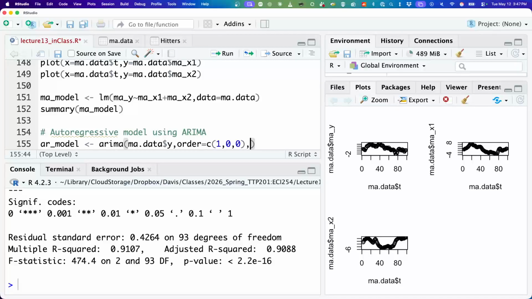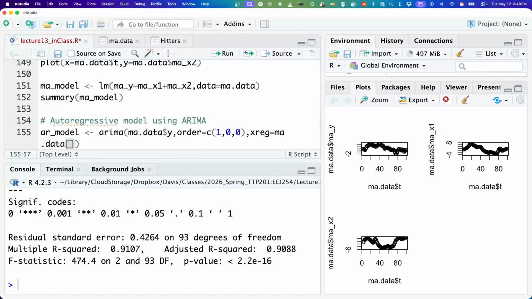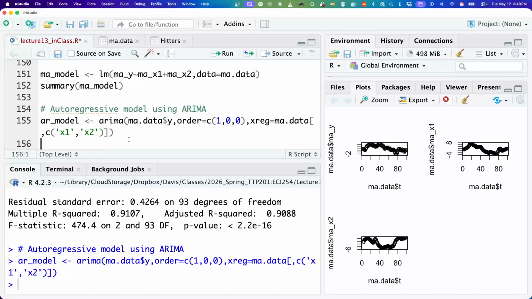I won't talk about the middle one. And then in our MA data, we're going to regress using our x1 and x2. Okay, and this should do it.